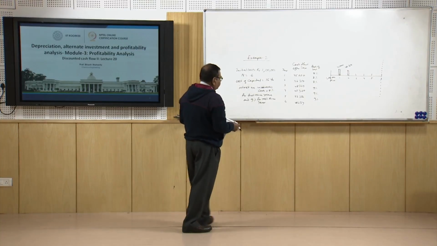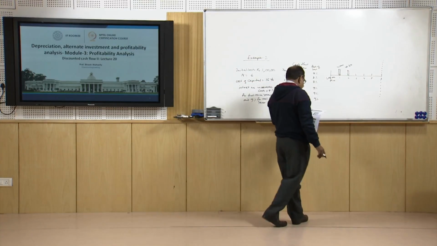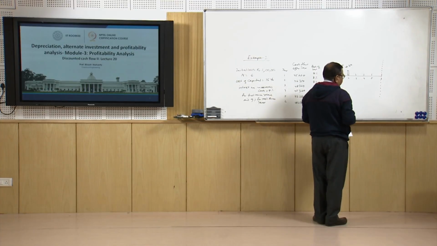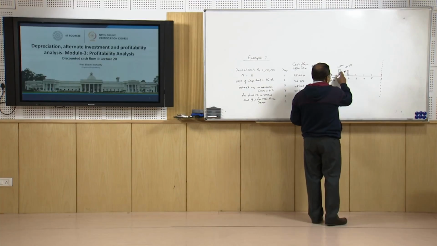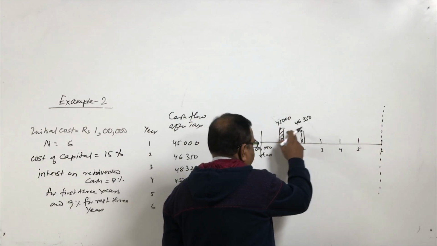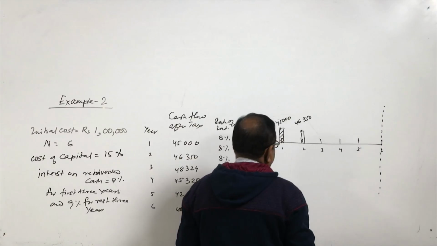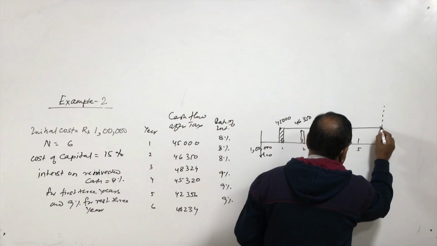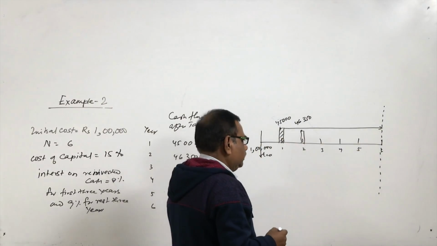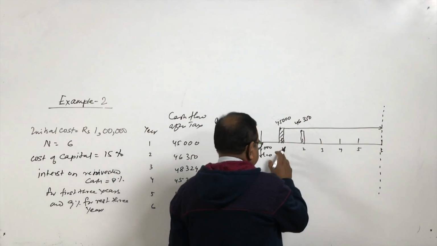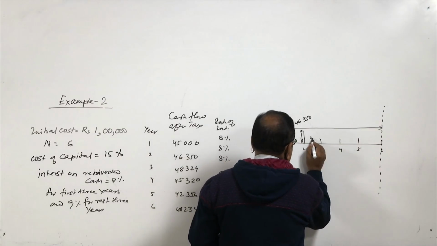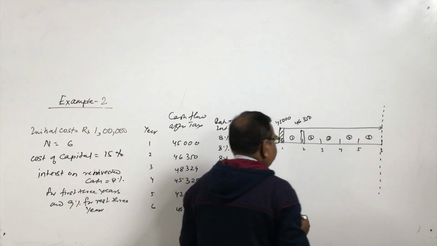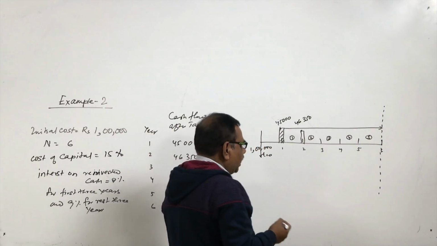Now, if the cash flow of the first year is invested up to the end of the project, and the interest is taken up to the end of the period, it will earn interest up to this point. How many years for the first year? This is 1 year, 2, 3, 4, 5. This will be invested for 5 years, and how do I arrive at 5?